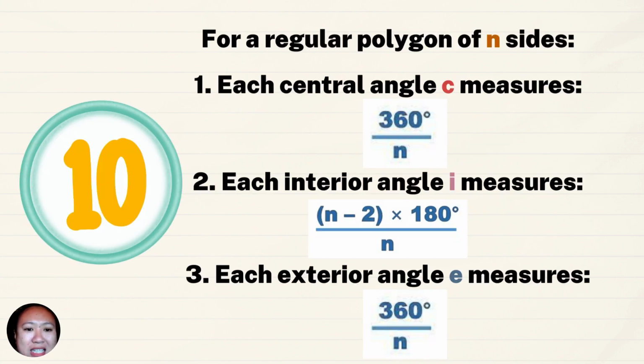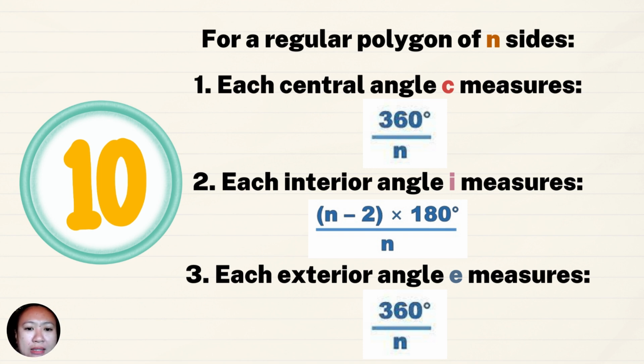And then for the last principle, for a regular polygon of n sides, each central angle C measures 360 degrees divided by n, where n is the number of sides. Each interior angle I measures (n minus 2) times 180 degrees divided by n, and each exterior angle E measures 360 degrees over n.